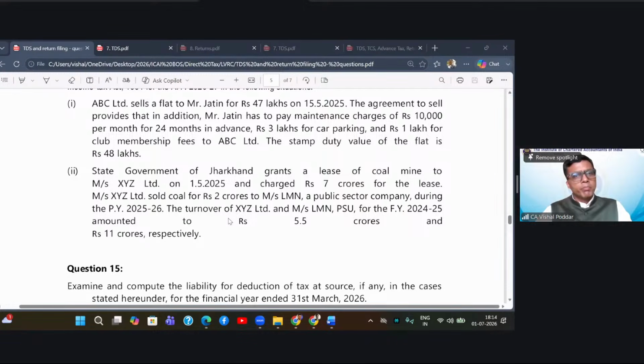So stamp duty value compared with what? That is my question. You have 47 lakhs, the basic value of the property, and then you have multiple charges which are charged in addition to that by the builder. Okay, Simran has given one specific answer. Harshal, again, you are only writing a word. Whether it is to be included or not included, I'm not getting it. Okay, Dhanlakshmi has given an answer. Garva, again, I'm not getting how you are including 206C here.